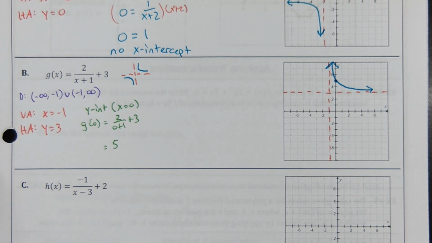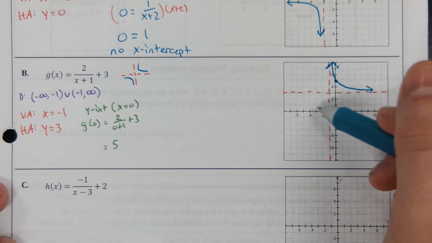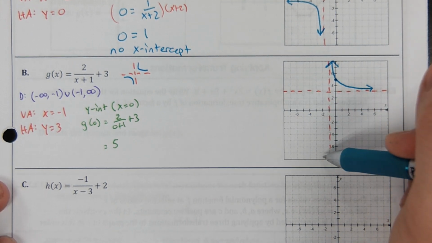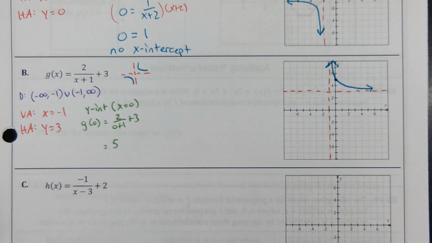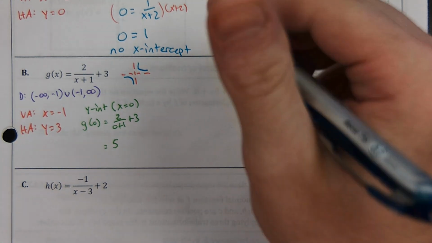This graph will have an x-intercept. How come? Because the horizontal asymptote is no longer the x-axis. That means this graph can now come into contact with the x-axis. Now I know it's over here somewhere because I know that this has to be over here. So it's going to be a number that's less than -1. But what is it? I don't know. Let's find out.